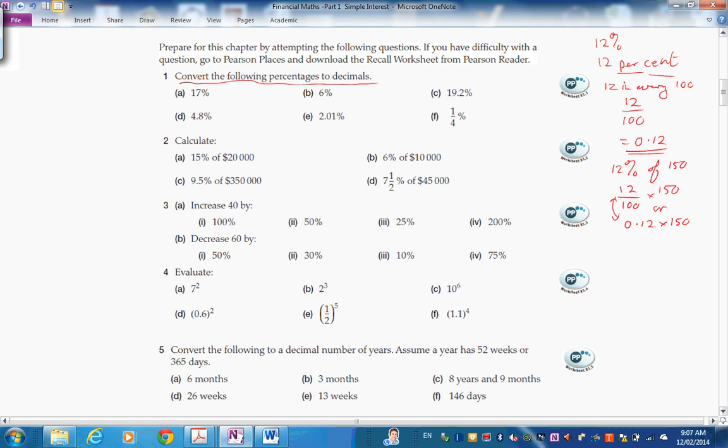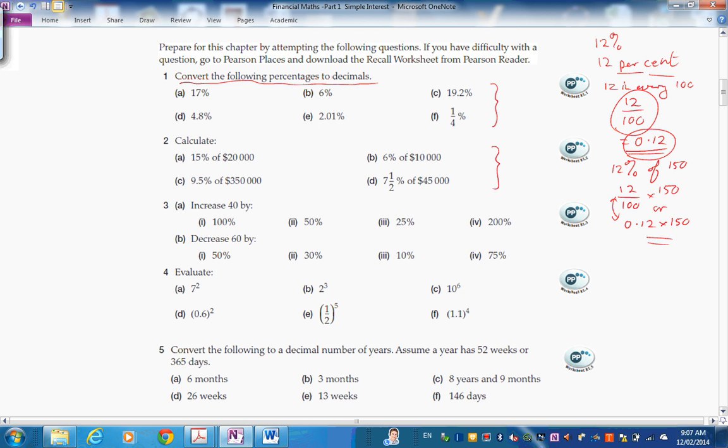These are equivalent. So there are little quick ways of finding percentages by converting to a decimal. So that's what we want to do up here, so that you get up close and personal with percentage in two ways: the 12 out of every 100 and the decimal way. Okay, and then you can use either way to calculate these that I've just done there. I've done an example over on the right there.